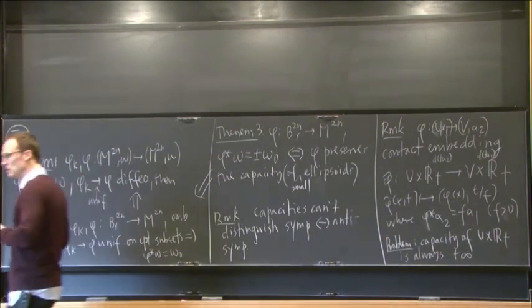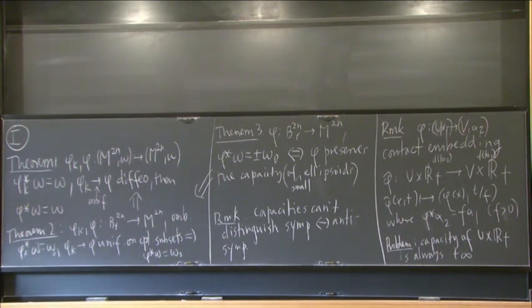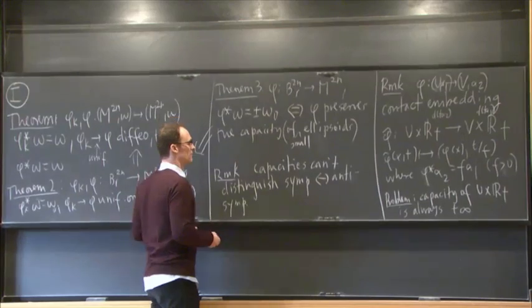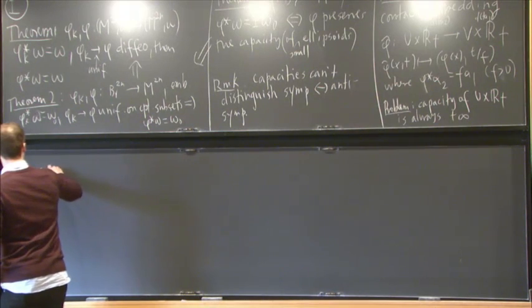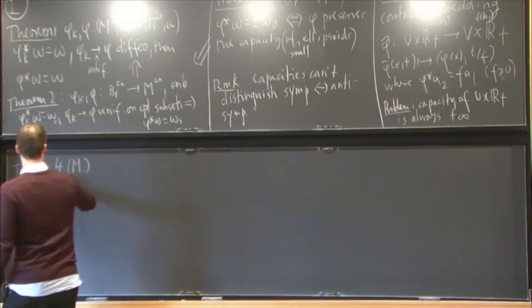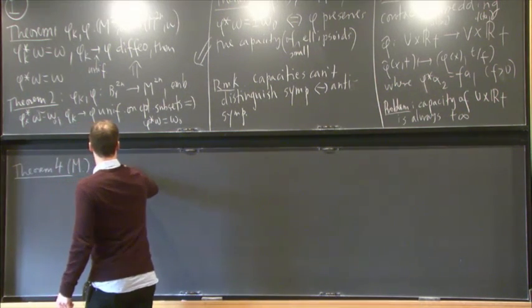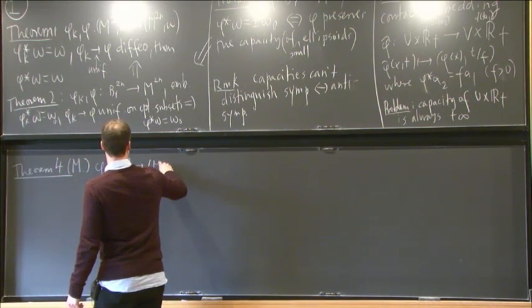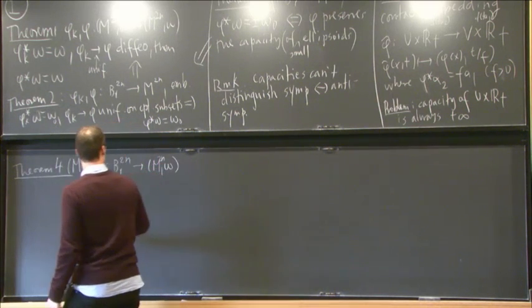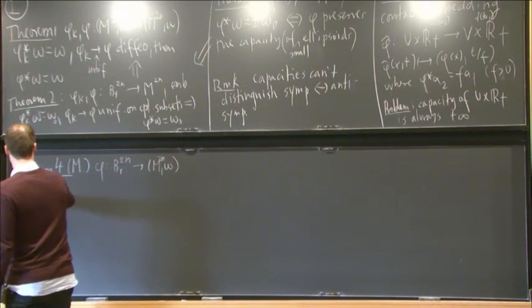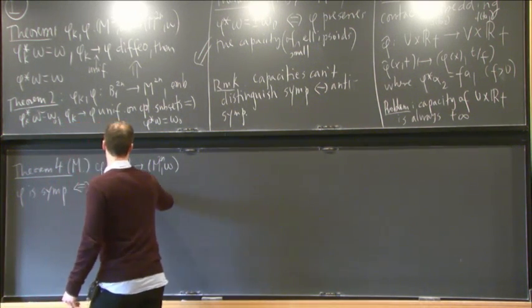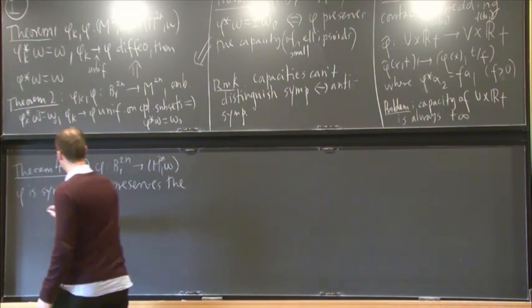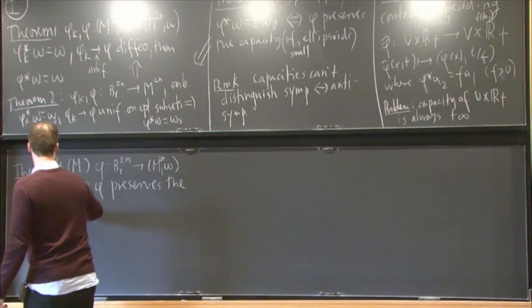All right. What I'm going to use instead is the following. That if we have an embedding, then phi is symplectic if and only if phi preserves the shape of small sets.